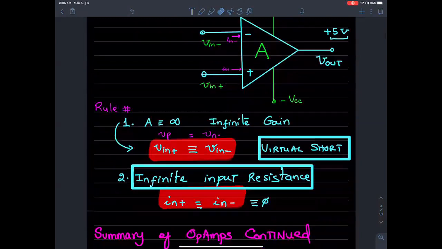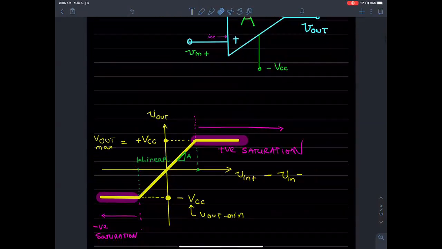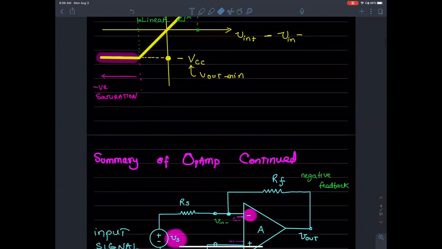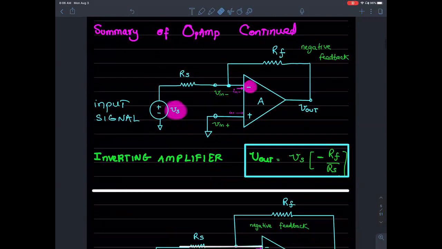Then we looked at the 3 regions of operation: positive saturation region, negative saturation region, and linear region. Linear region is where we like to operate. Then we talked about the different kinds of op amp configurations.